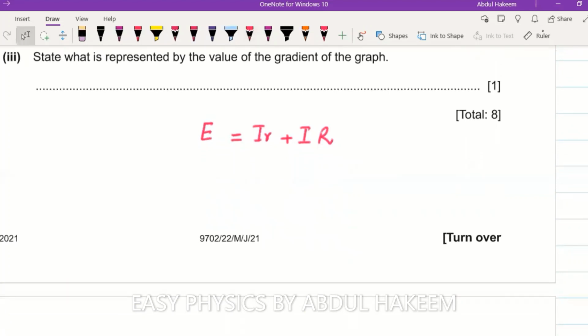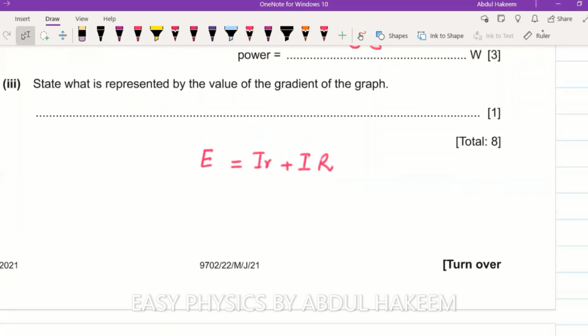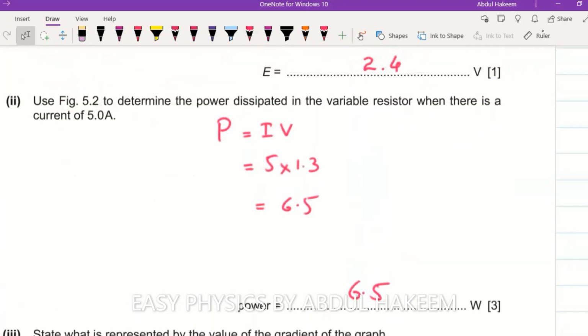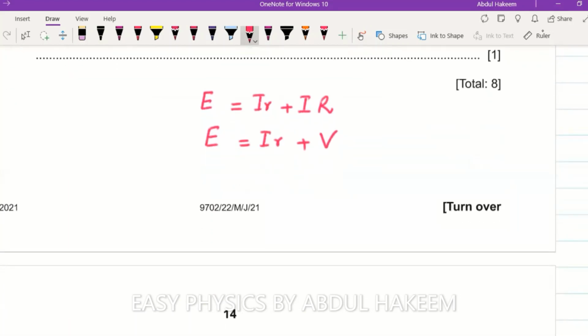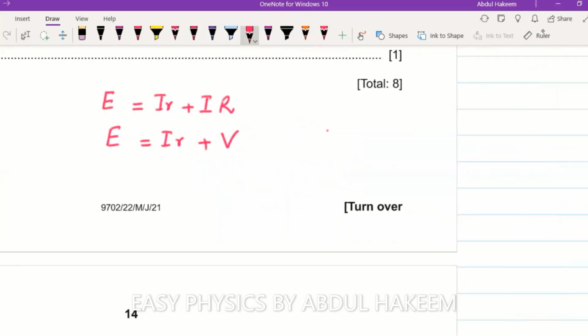Now, the graph is plotted between I and V. So look, EMF is equal to Ir plus IR, and this IR is V. So when we write this equation in linear form, V is equal to minus Ir plus EMF.